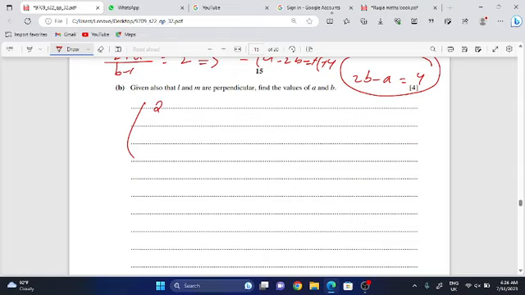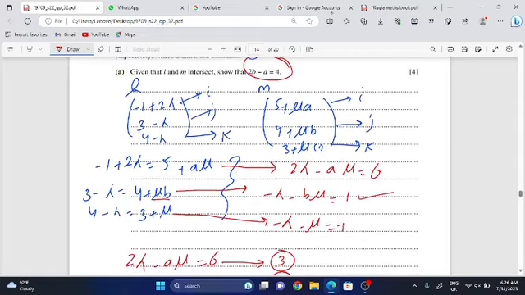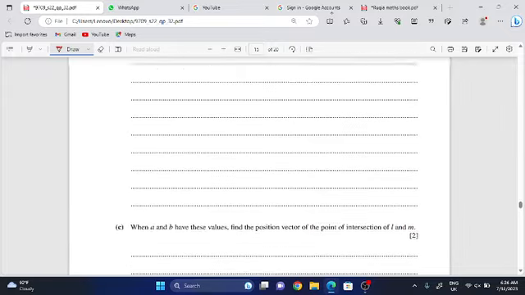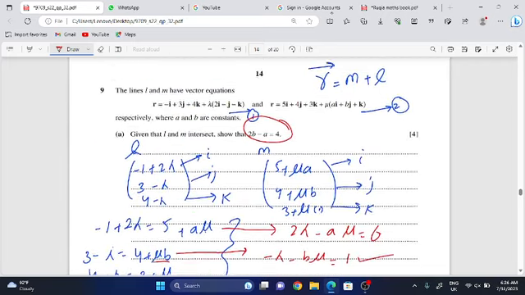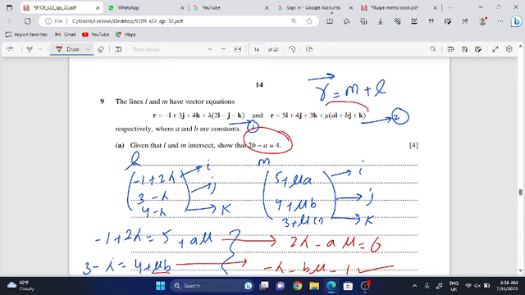So that gives me 2, minus 1, 2 minus 1 and minus 1. These are the coordinates of L. Coordinates of M would be, because we are talking about direction, so the lambda and mu part.